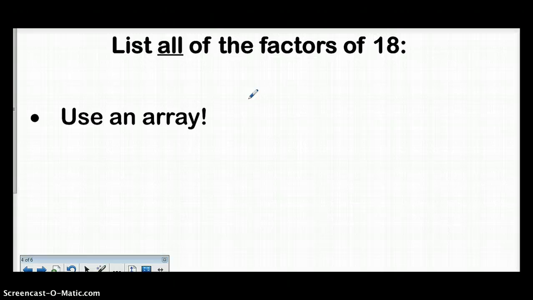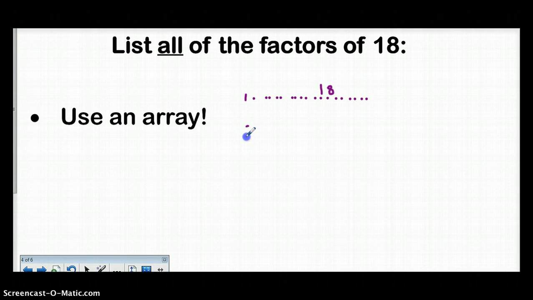Remember I told you that 1 is a factor of every number, so I know that if I drew a 1 by 18 array, that I would make a perfect rectangle or square with nothing hanging off of the sides.